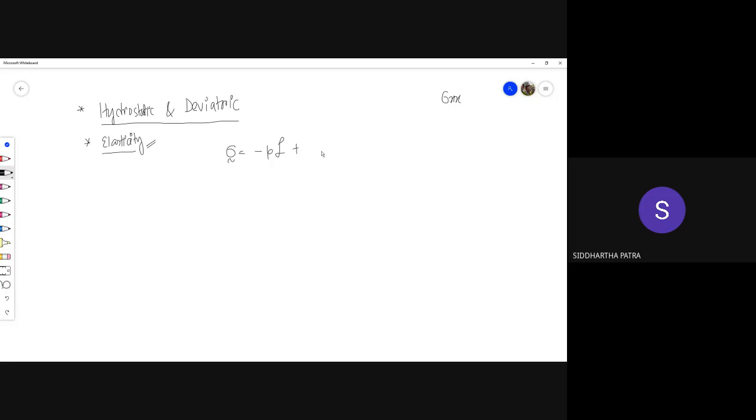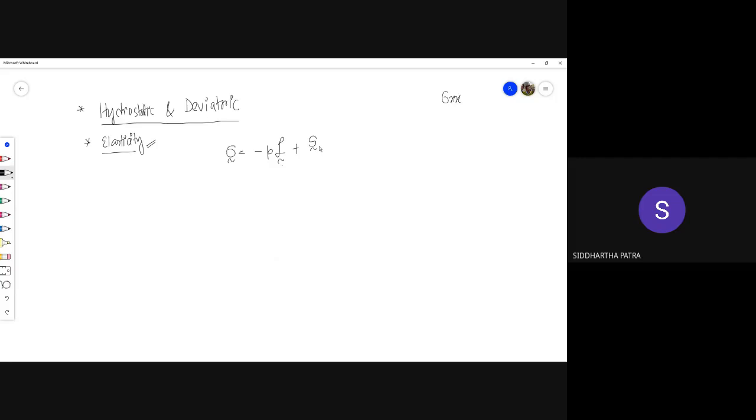Should it be minus p? Yes, it would be minus p. And then a deviatoric part S. This is an identity matrix. Each of these matrices is symmetric because the stress tensor is symmetric. So there is no way the deviatoric stress is not symmetric.